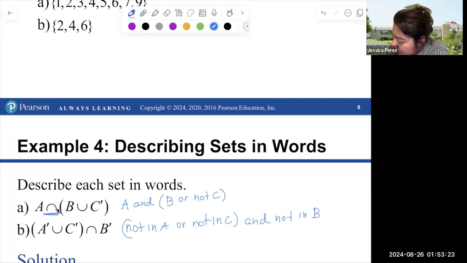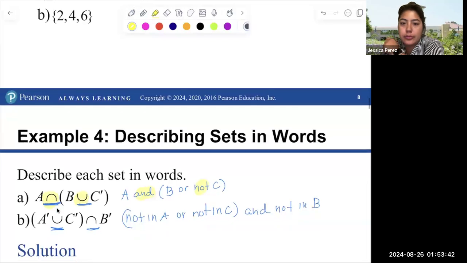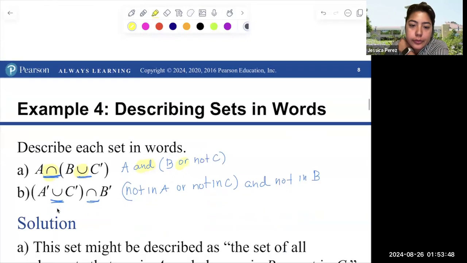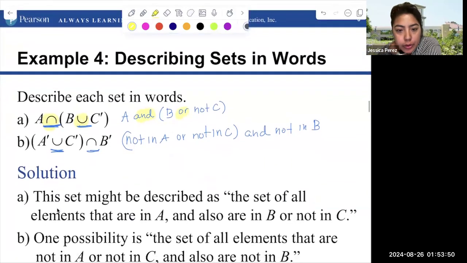The symbols mean and, or, and, or, and. There is and, there is or, there is not. So B or, oops, B or not C.